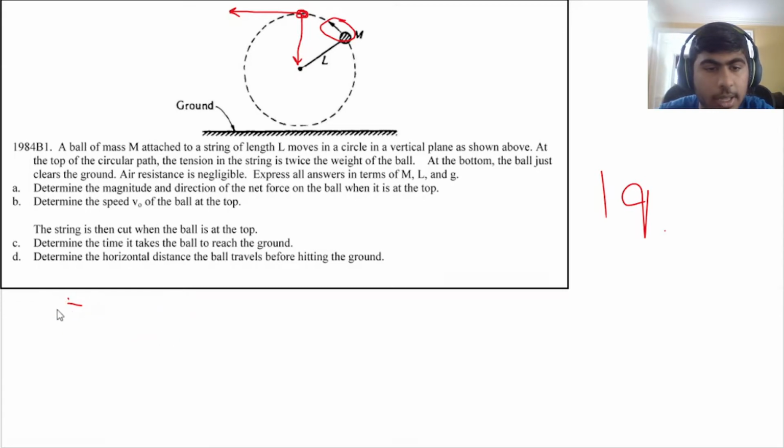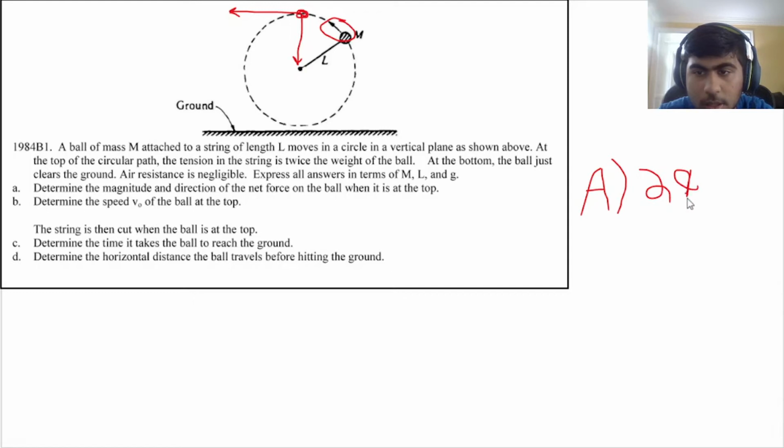So for part A, the answer is 19.6 plus 9.8, which is 29.4 times m. And what's the direction? In our free body diagram, everything was pointed straight down. So, down.